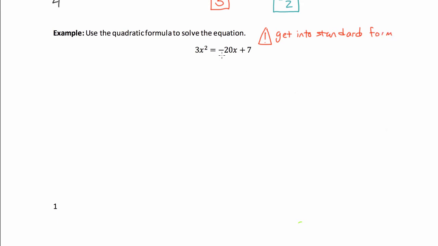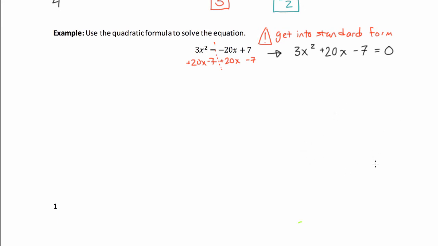So I am going to add 20x to both sides. And then I'm going to subtract 7 from both sides. And so I end up with 3x squared plus 20x minus 7 is equal to 0.